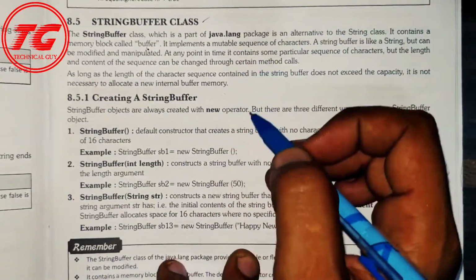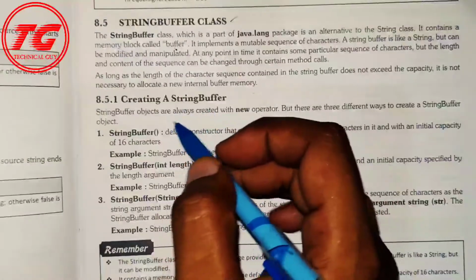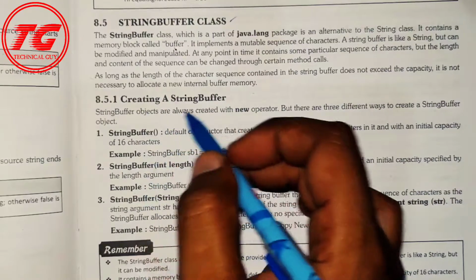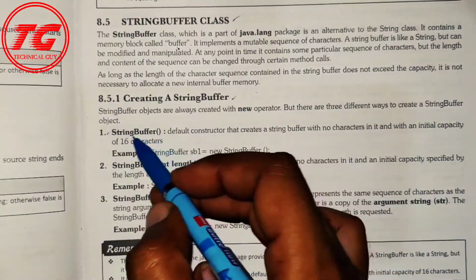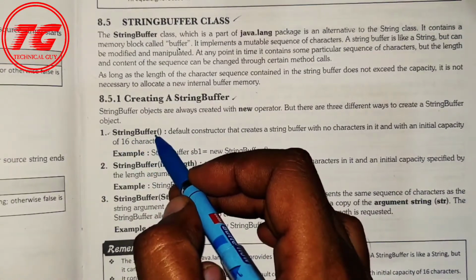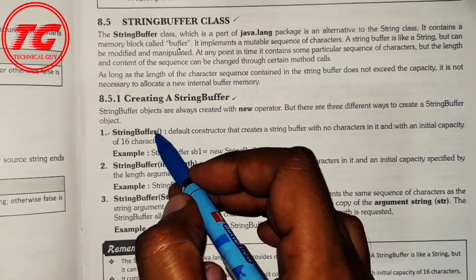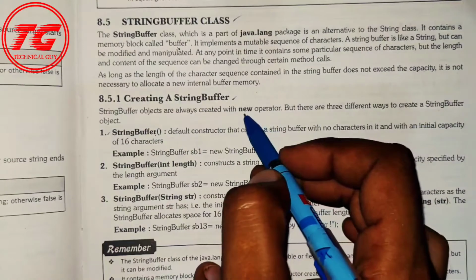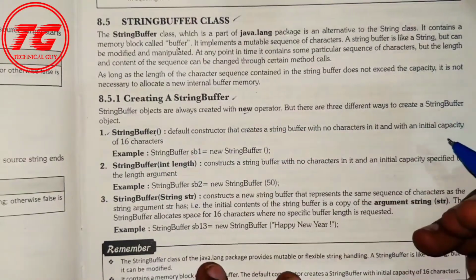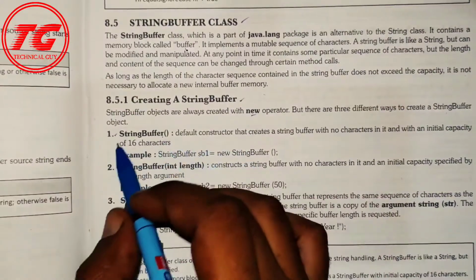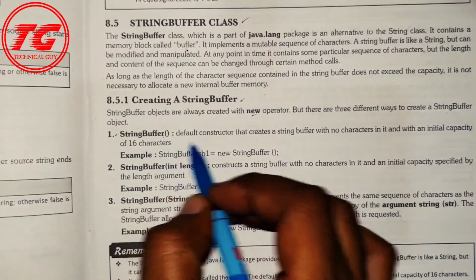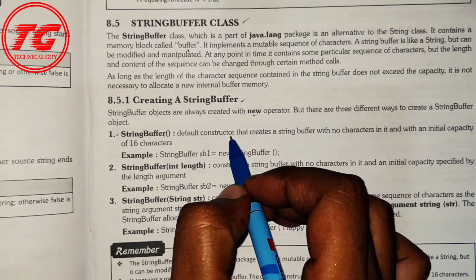So here we have some methods for creating the StringBuffer. StringBuffer is actually a class, and StringBuffer objects are also created using the new keyword. The first method is the default constructor.